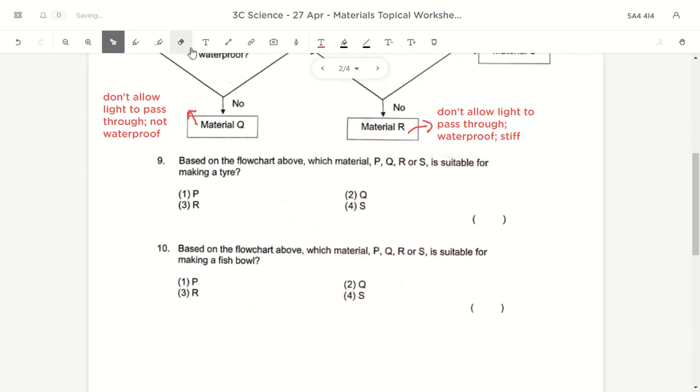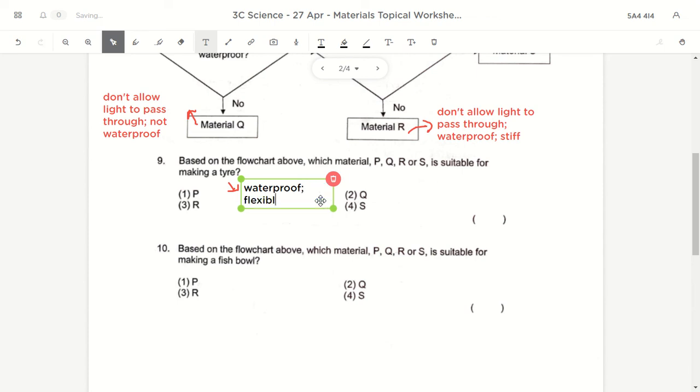I want something that is good for tires. So what do I need for tire? What properties does tire need? Tire needs to be waterproof for sure. Tires need to be waterproof as well as flexible.